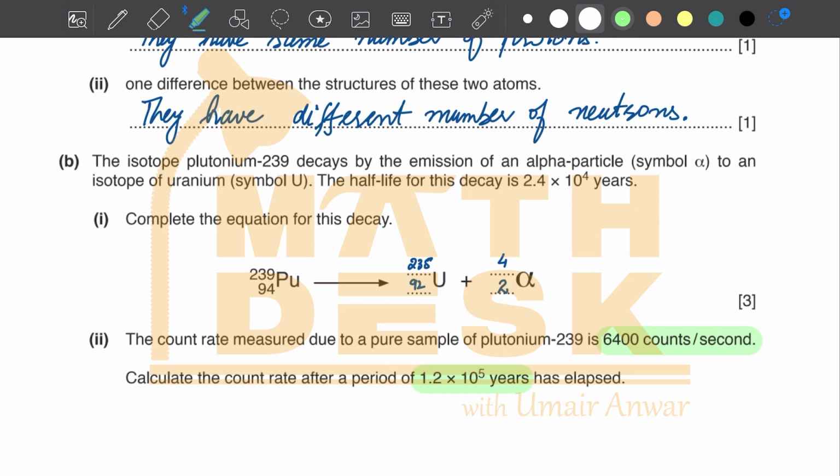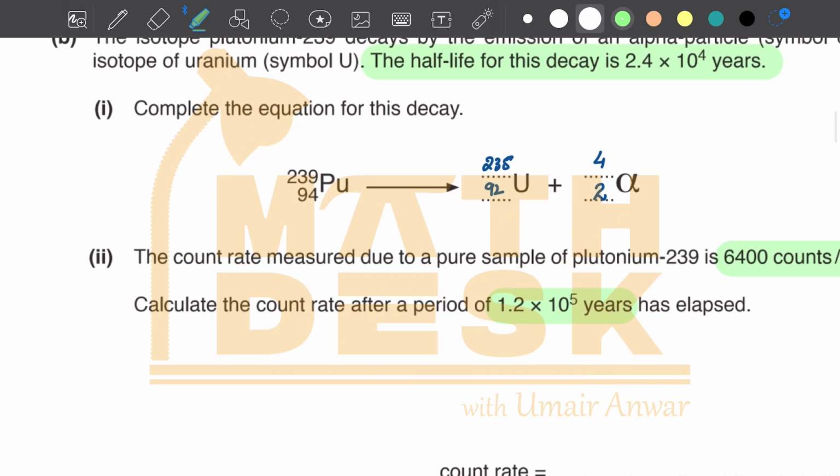Now, previously we were given that the half-life for the decay of plutonium is 2.4 times 10 raised to 4 years.